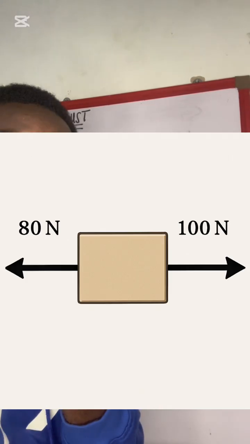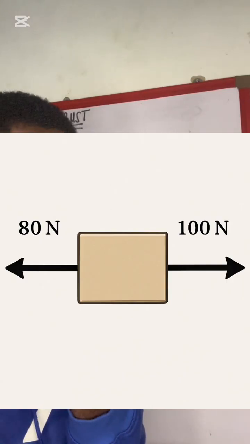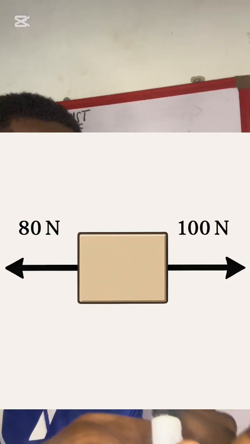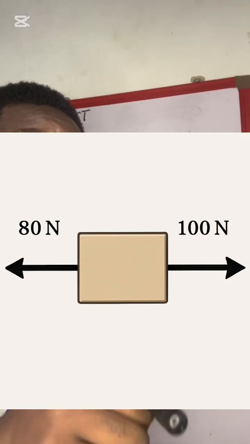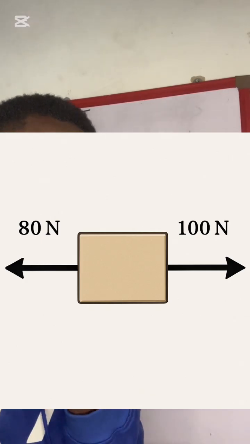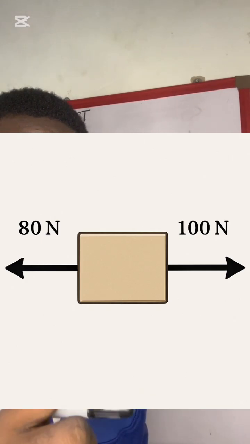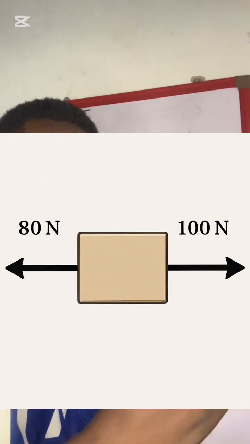The force that made the object move is not the 100 Newton nor the 80 Newton. The actual moving force is the resultant of these two forces. How do we get the resultant? It becomes the higher force minus the lower force.